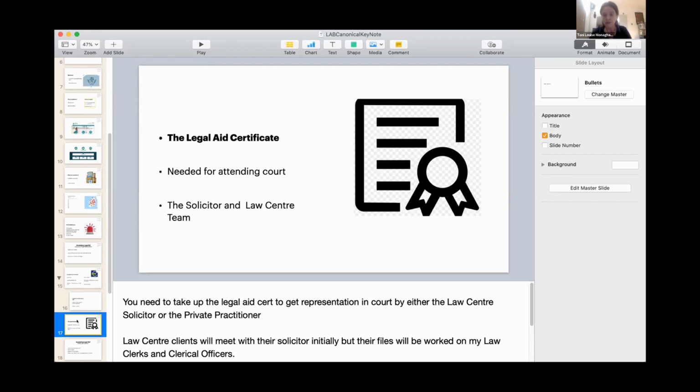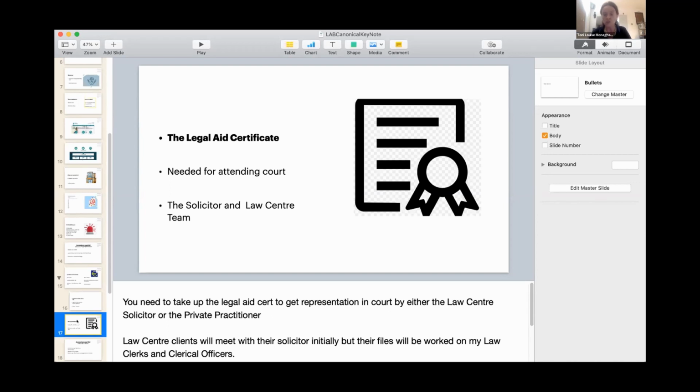And then touching on one of the questions there, when one of your clients is represented by a solicitor at the law centre, they'll meet that solicitor at the outset, but there are other people in the law centre that will help out on their case. The law centre works as a team, and in that team we have law clerks or paralegals, and we have clerical officers.